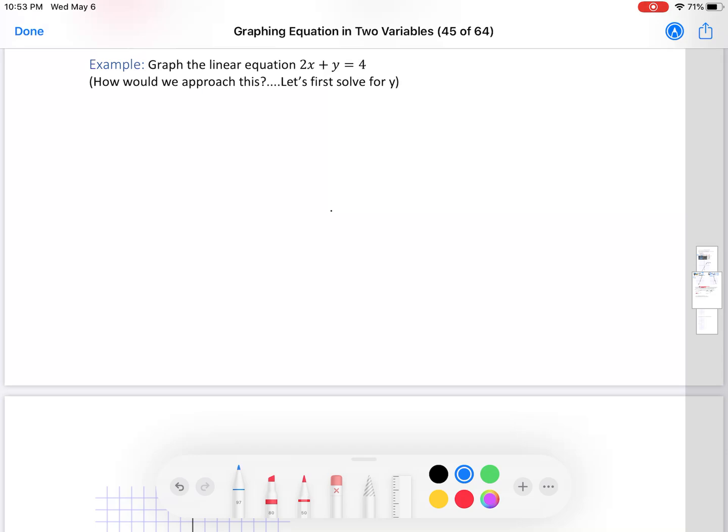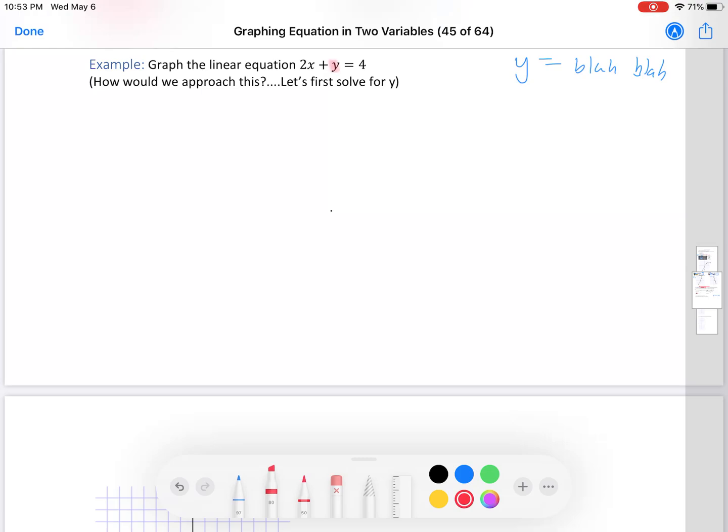Okay, let's do another example. Let's graph the linear equation 2x plus y equals 4. Now, this equation is different. We're used to having y equals our equation. Here, our y is not by itself.